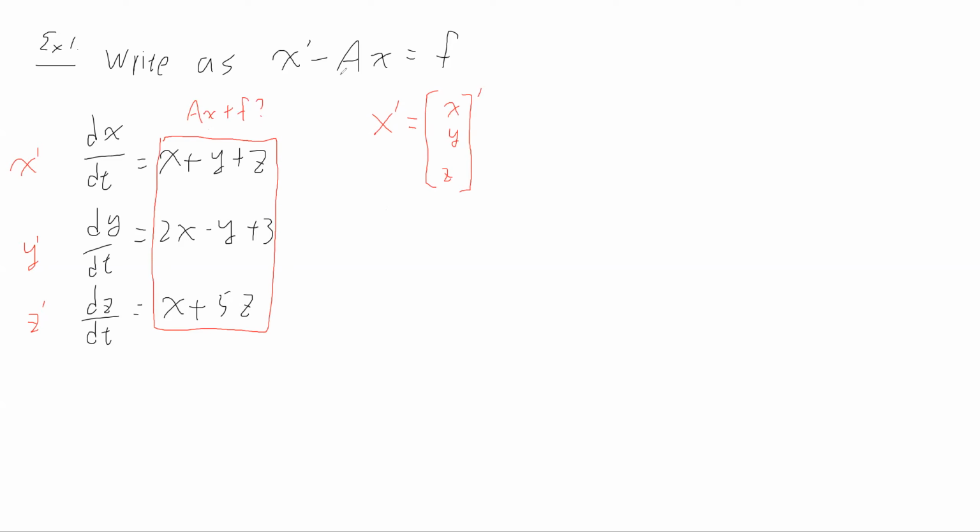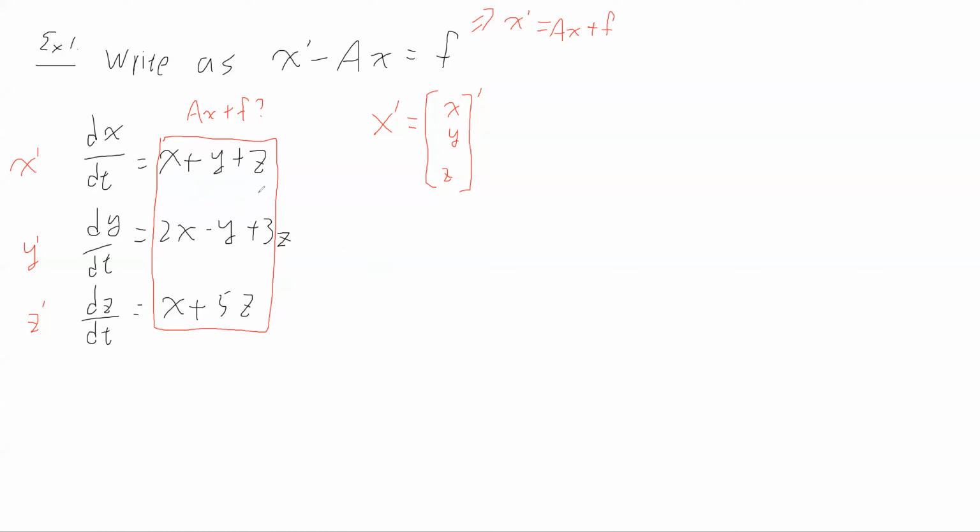If we move the minus ax to the right, we can rewrite this as x prime is equal to ax plus f. So we have the x prime on the left-hand side. That means on the right-hand side, we should have ax plus f instead of minus ax is equal to f. All right, so let's rewrite this. I missed a z here. There's a z here.